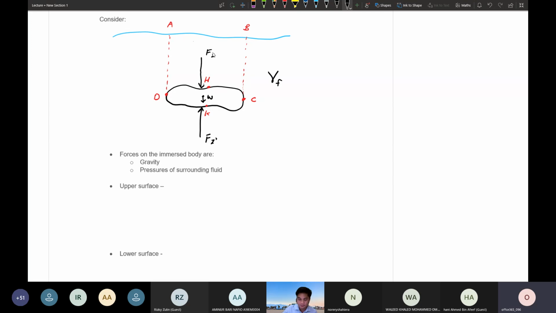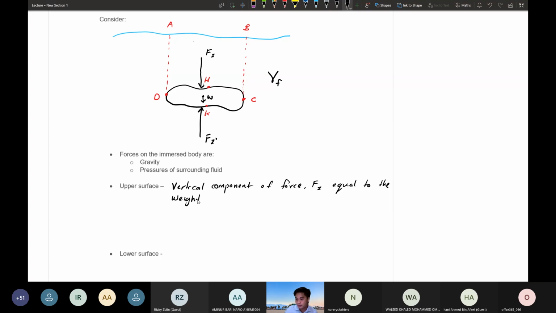Fz. So from here you can write it down. The vertical component of force, which is Fz, equal to the weight.